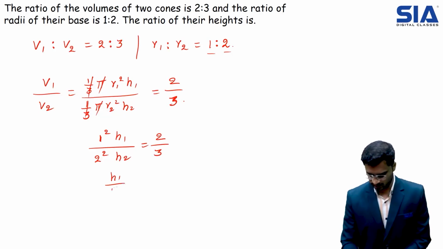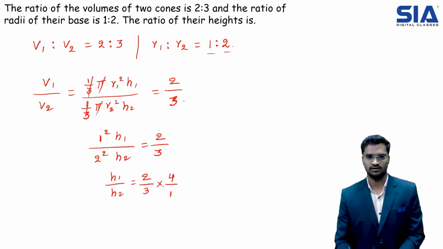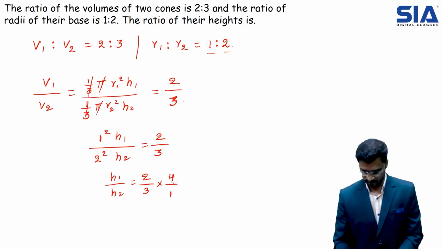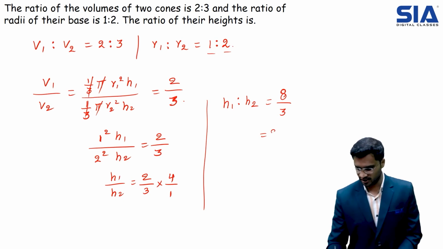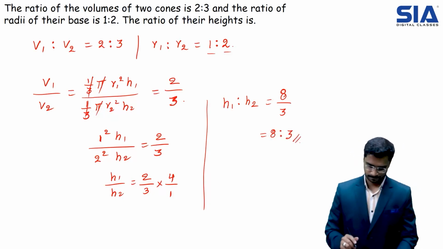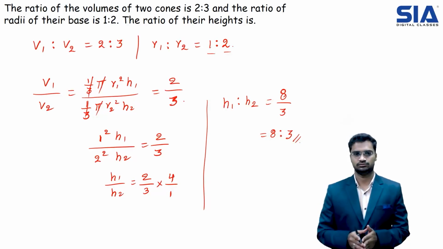So H1 by H2 is equal to 2 by 3 into 4 by 1. So H1 by H2 is 8 by 3. So the ratio of H1 to H2 is 8:3. This is the heights ratio.